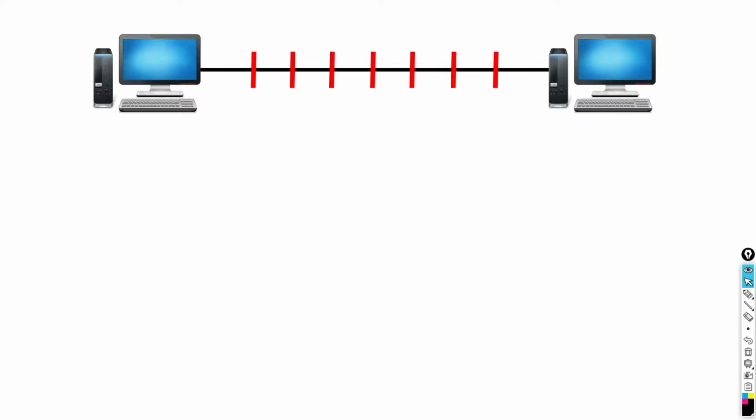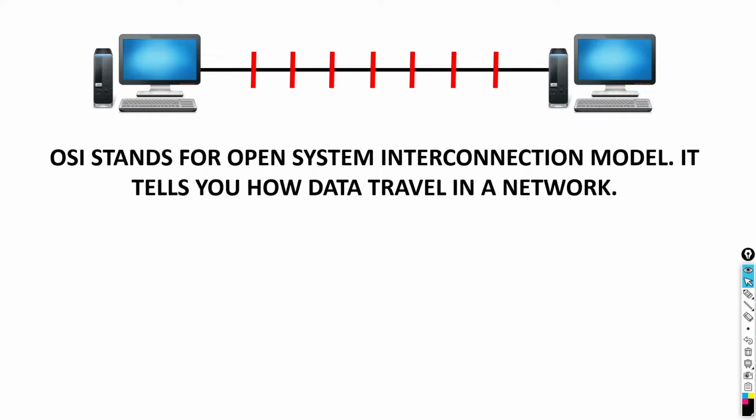Now next is, basically there are 7 layers of OSI model that tells you how data travels from one device to another device in a network. So here you are seeing the 7 bars, right? These 7 bars indicate the 7 layers of OSI model. And here is the complete definition of OSI. OSI stands for Open System Interconnection Model. It tells you how data travels in a network.